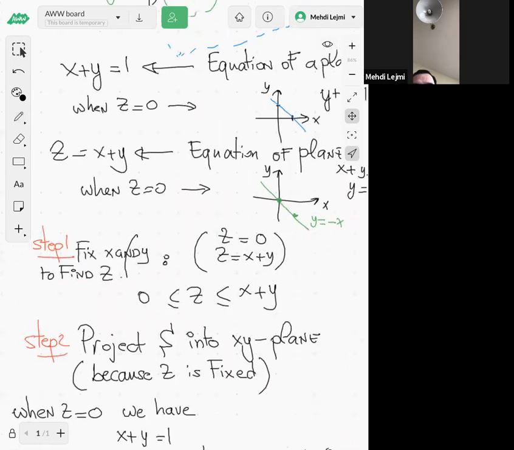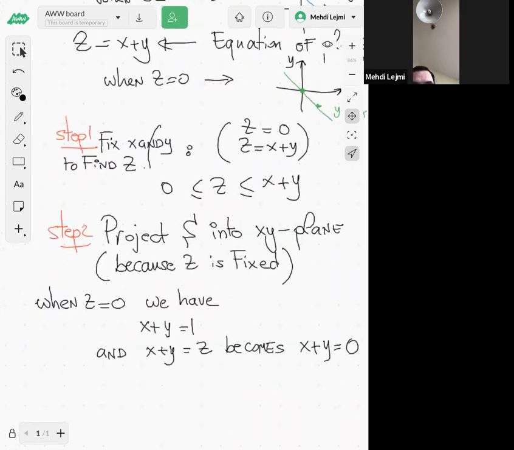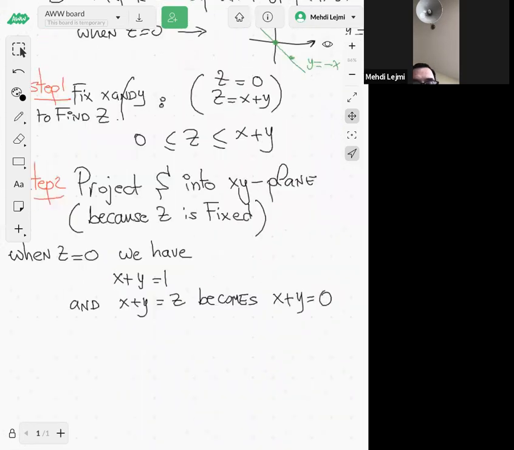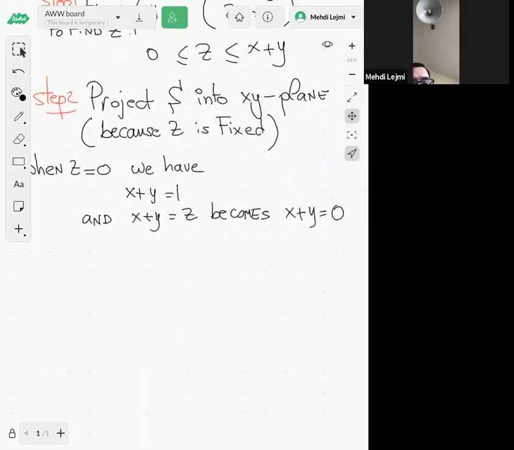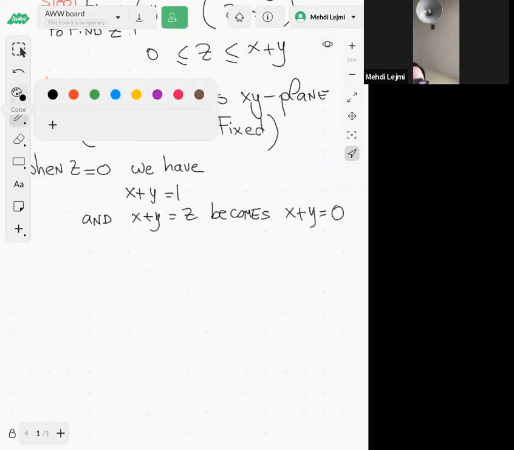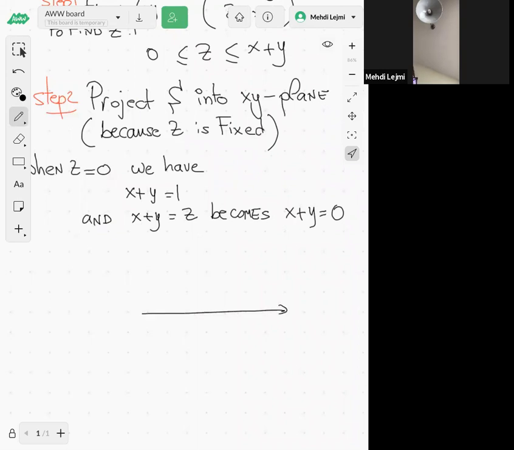Anyway, guys, you want to find this region here. So let's see. We have these two lines here. We have x plus y equals to 1, so that's y equals to 1 minus x. So this is the x-axis, y-axis.